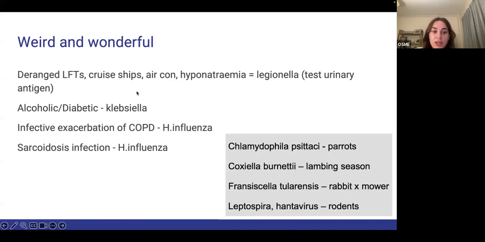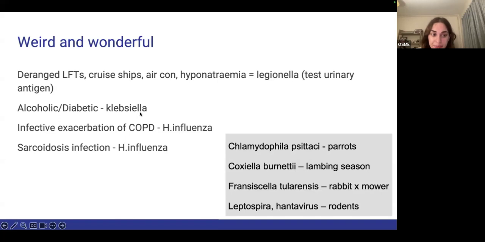So if the patient's got pneumonia symptoms, but they've been on a cruise ship, or exposed to aircon, so they've been in a hotel or something, it's Legionella, and the way you test for it is a urinary antigen. If the stem mentions that they've got uncontrolled type 2 diabetes, if they're being really mean, they might give you an HbA1c and show that their diabetes is poorly controlled, or they're an alcoholic, so they might give you some LFTs, though I think it would be quite mean of them to do that.